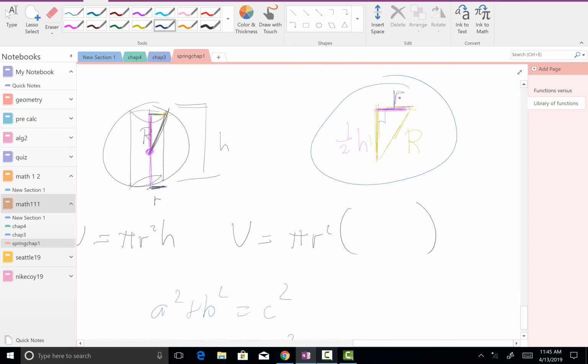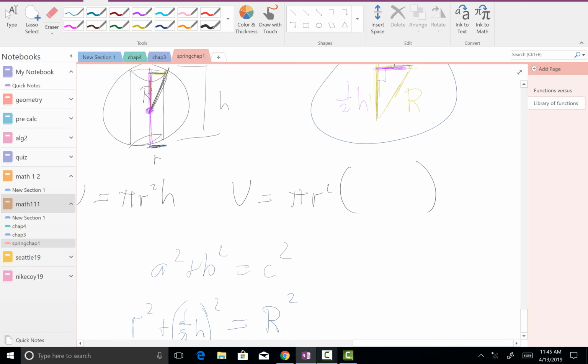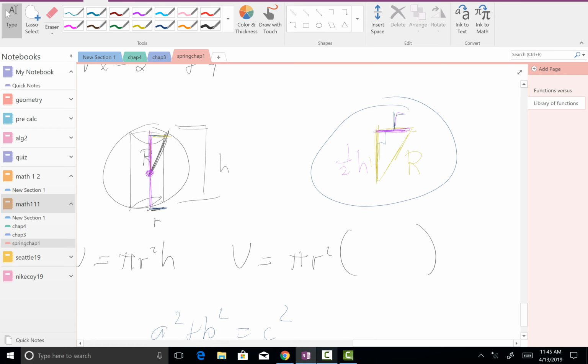The other two, it doesn't matter whether they're A or B. So I'm going to make this little r here, and this is 1/2 H. So it looks like that. I'm hoping you kind of see what's going on.